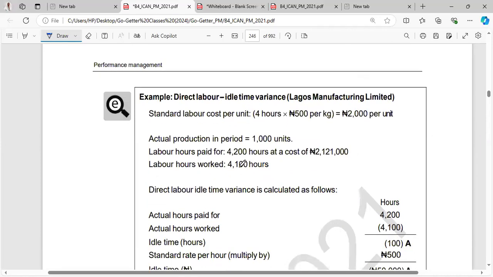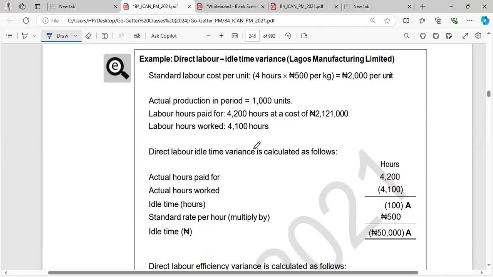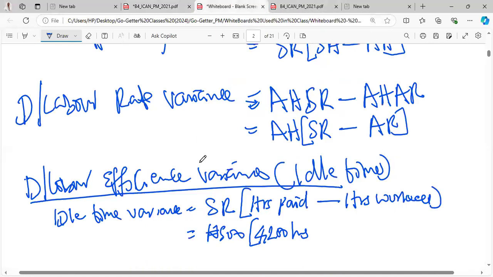Okay, it was just given to us in the question here. They used 4,100 hours. If they used 4,100 hours in the work, why are they paying them for 4,200 hours?